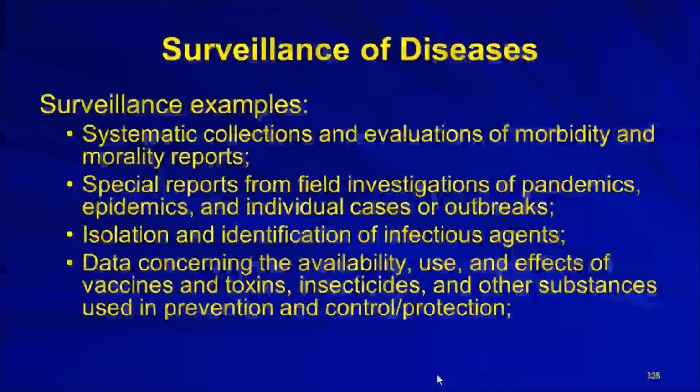We're also concerned about the availability, use, and effects of vaccines, toxins, insecticides, and other substances used in prevention and control. And a lot of times we don't think about insecticides, but an abatement program is often a very important consideration for a city.